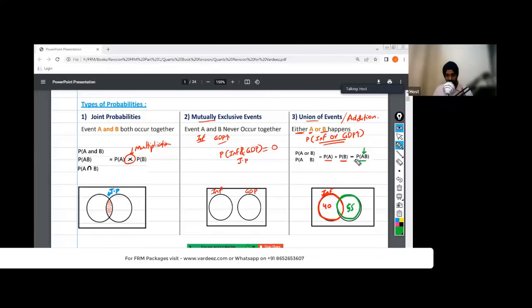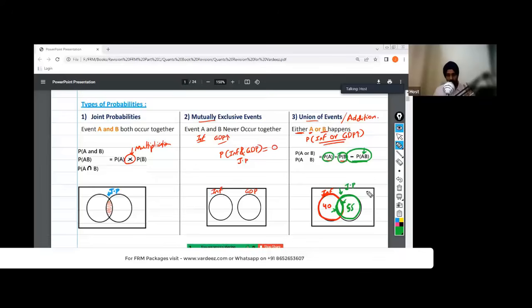Now, why am I deducting this joint probability of A and B? Because as you can see, I have already calculated it here. If I just draw it like this, you can see that there are two greens, once this time and once this time. So I have double added when I added the individual probabilities. So it's important I take out one joint probability so that it is not added twice.